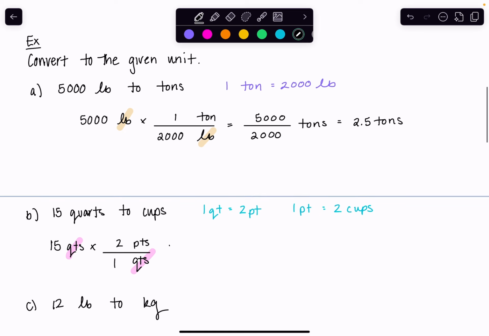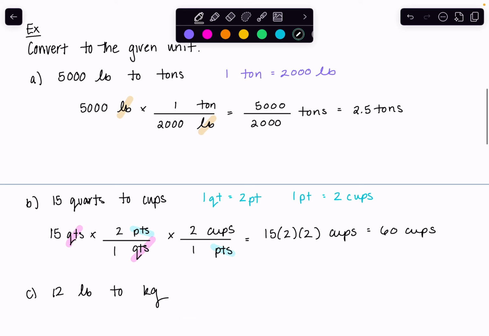But I'm still not at the unit I want, so I need to do this again. To get rid of this pints unit, I need it in the bottom. And then I know that 1 pint is equivalent to 2 cups. So going through this multiplication, we're left with 15, 2, and 2 in the top. The 1 and the 1 in the bottom does nothing, and the only unit remaining is cups. So this is equivalent to 60 cups.